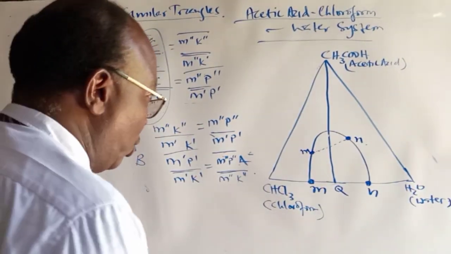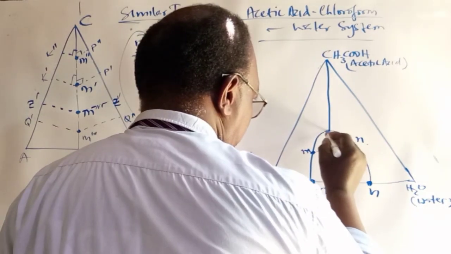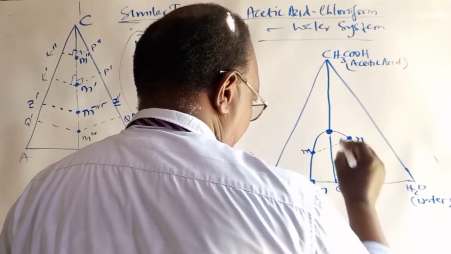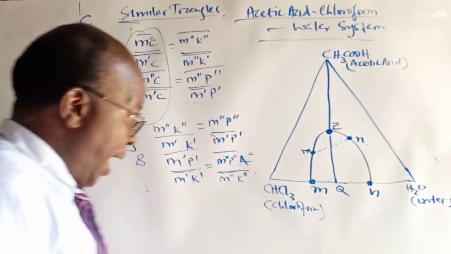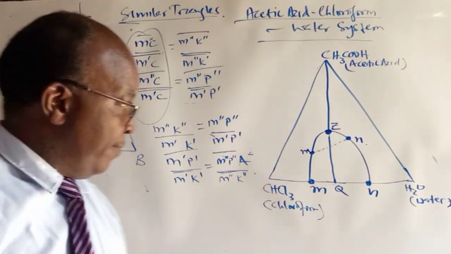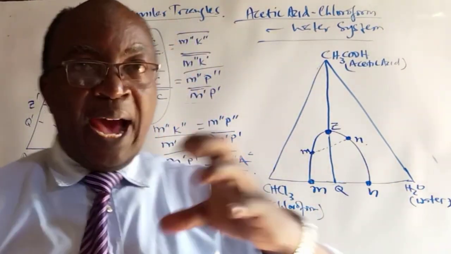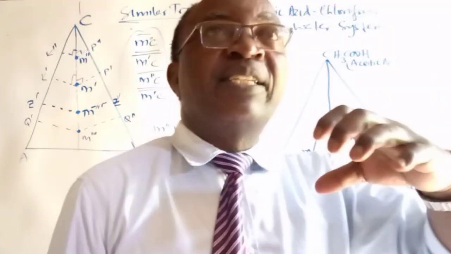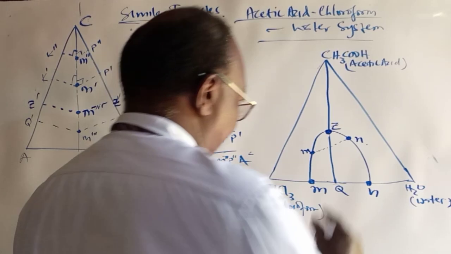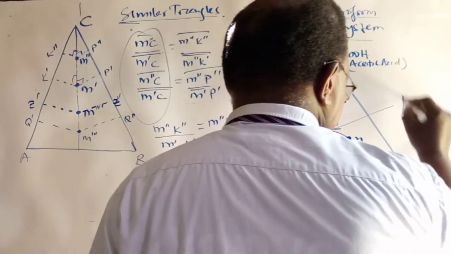And as you continue, you will reach a point here. Let us call it point Z. At that point Z, the two conjugate solutions will have the same composition, and that's referred to as the Plait point.